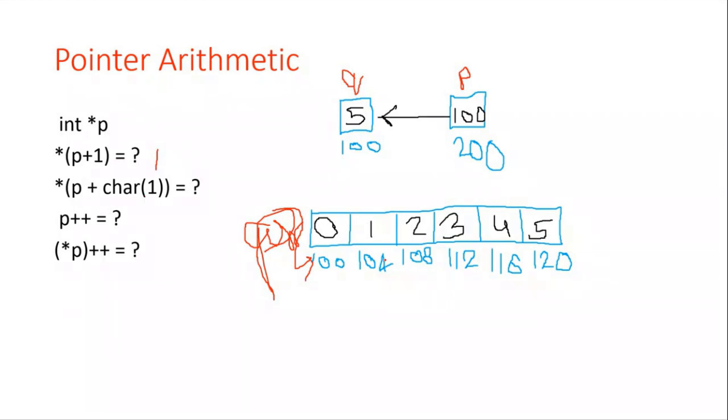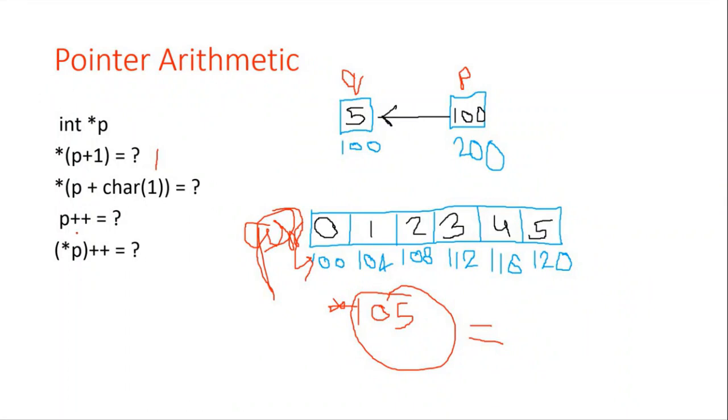Size is 1, so the address is 105, and if we put the pointer variable, it will print the value at address 105.